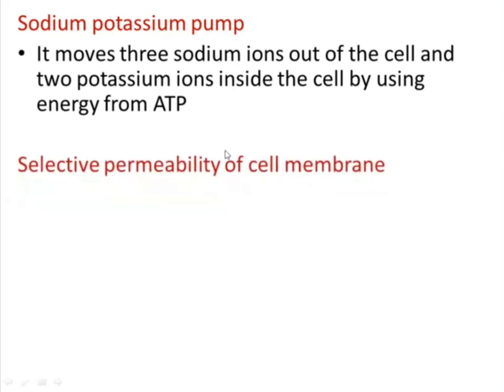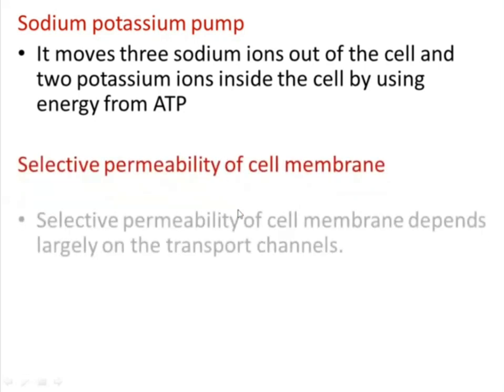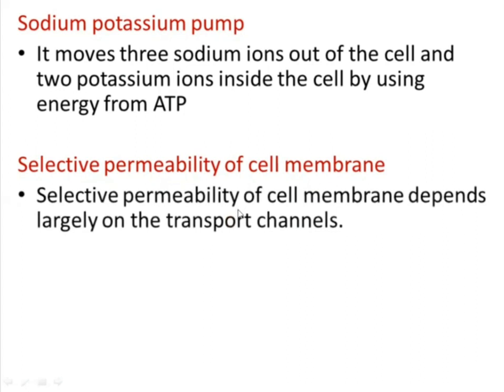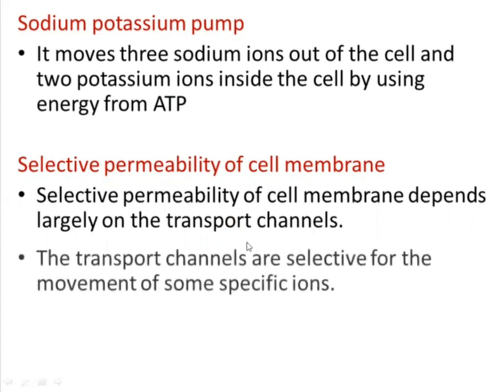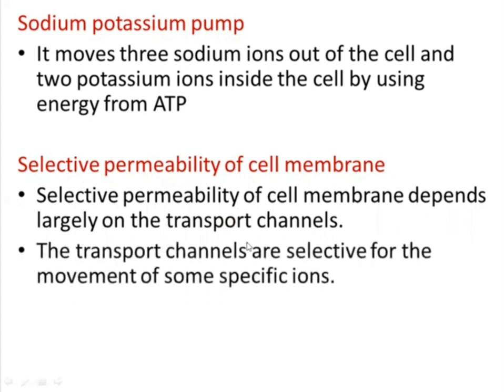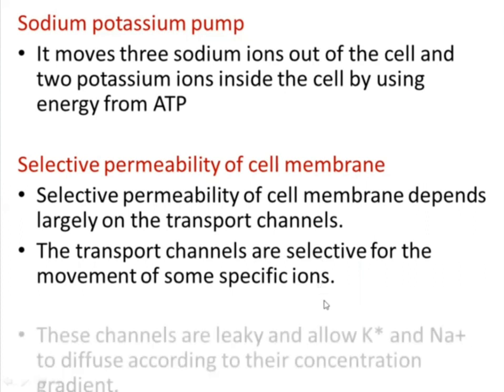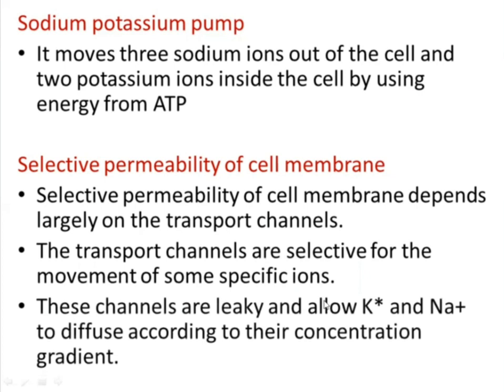These are the functions of the sodium potassium pump. Then we will see selective permeability of the cell membrane, right? The selective permeability of the cell membrane depends largely on the transport channels, right? In the membrane, there are transport channels that are selective for the movement of some specific ions. That means sodium and potassium ions and chlorine also.